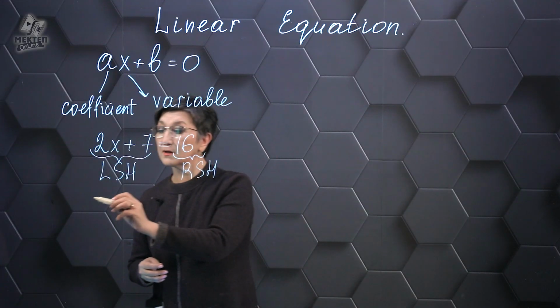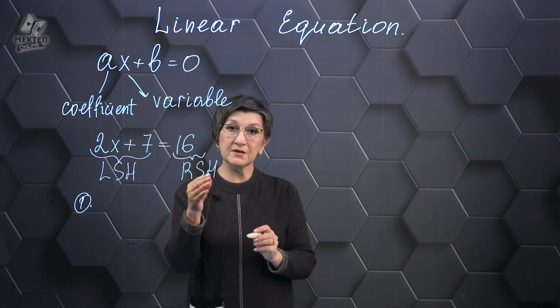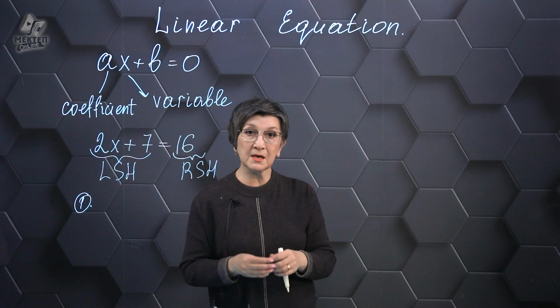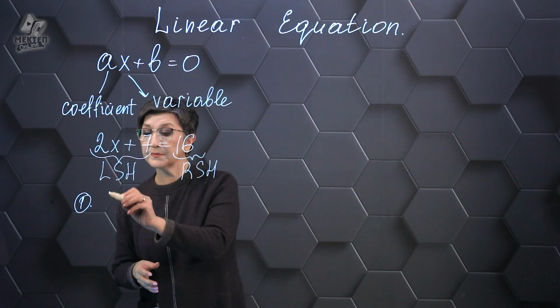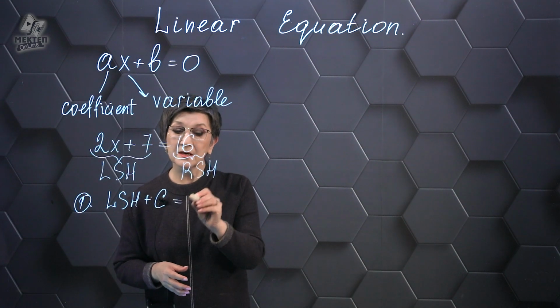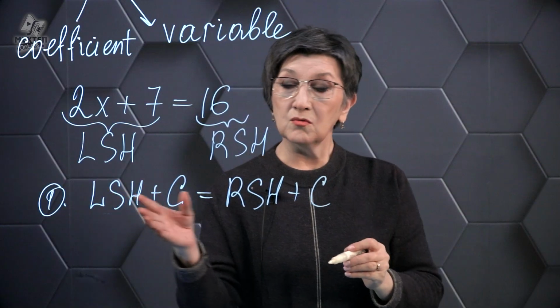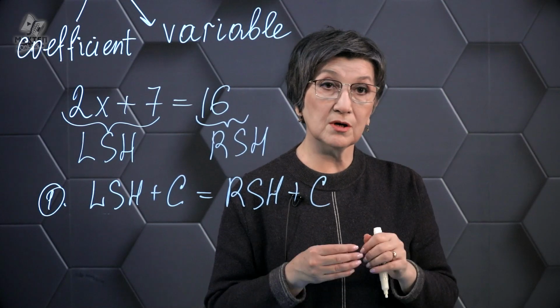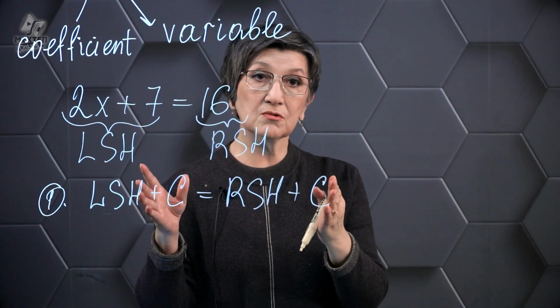The first property: if I add the same number to both the left and right sides of the equation simultaneously, let's denote this number by s, then I will have a correct numerical equation. I can add any number to both the left side and the right side of the equation.